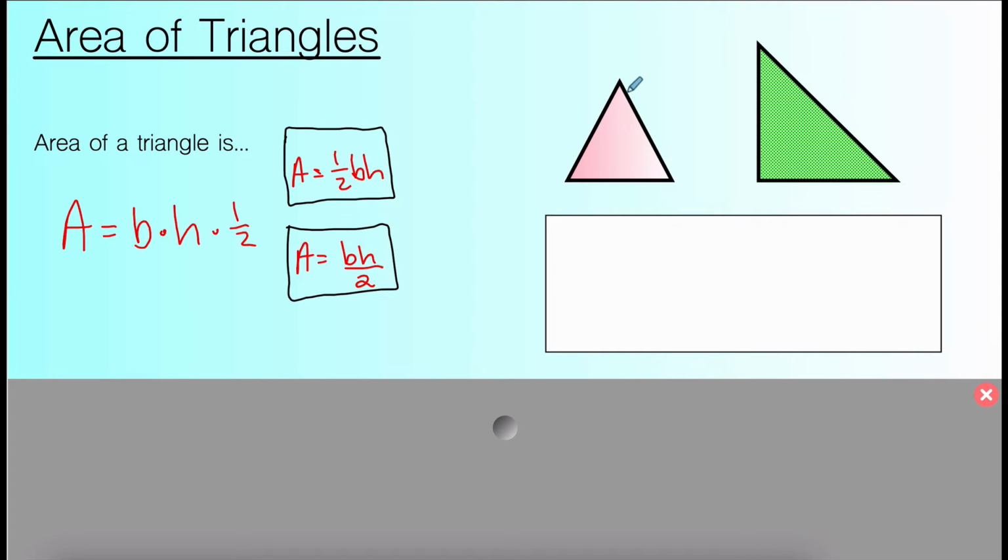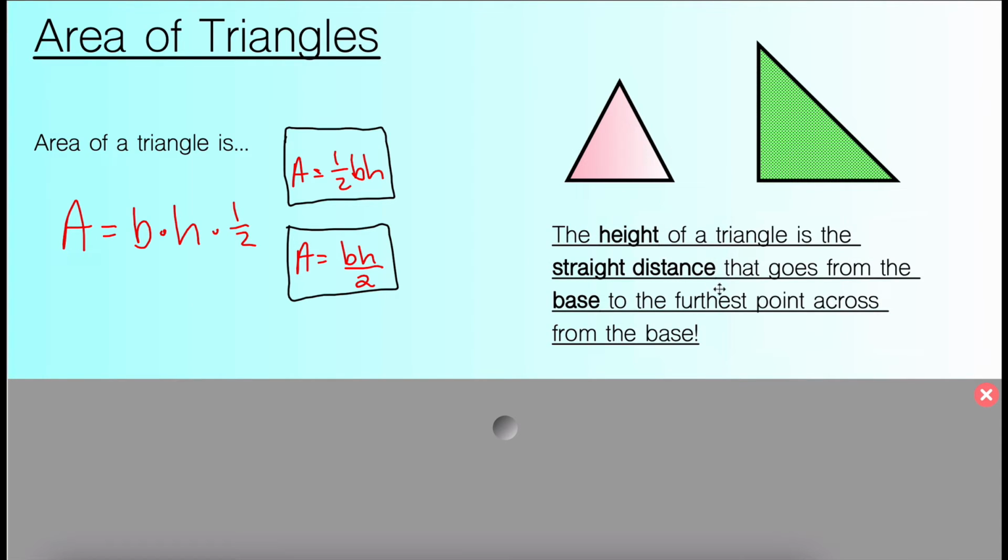So the first thing you should actually look for when you're deciding what's the base is you should first find the height. And the height, by definition, is the straight distance that goes from the base, whatever side the base is, to the furthest point across from the base.